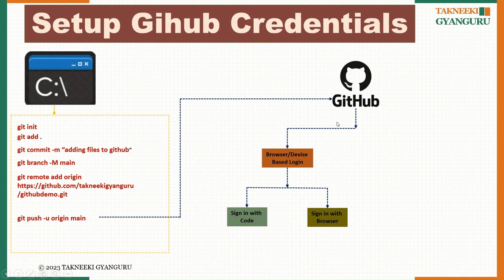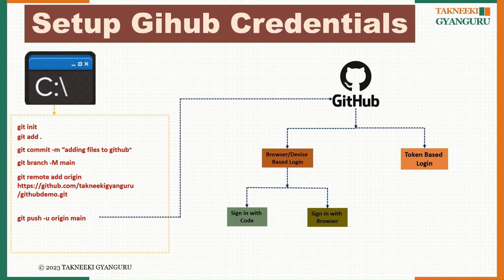Another way is the token based login. Token based means you have to create a token on GitHub. In that token, you have to give some permissions, right? I'll show you. You can create a token for multiple repositories or selected repositories.